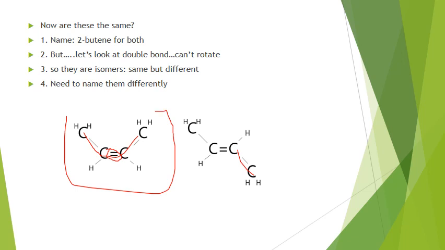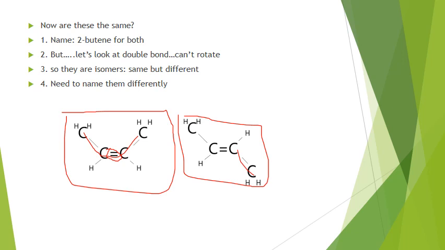They're both 2-butene, but they are not the same. So I have to come up with the name of both of these, because these are different molecules. They behave differently. So the way we're going to name them is according to these two groups.